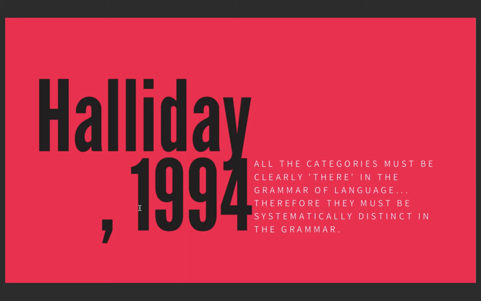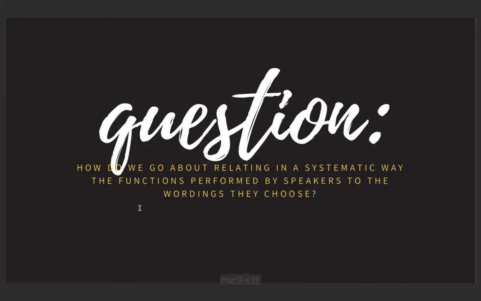No, they are placed there because they are systematically distinct in the grammar. It follows a system, it follows a pattern to convey a successful message carrying a particular function. So, question.